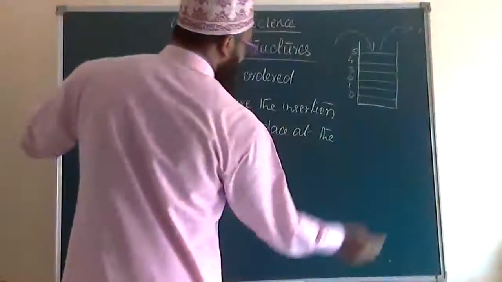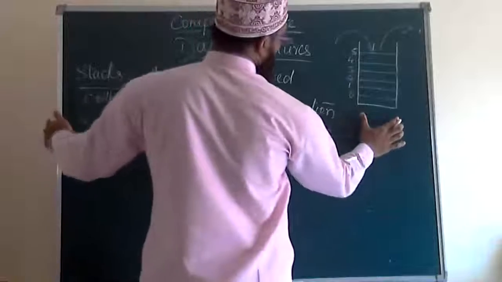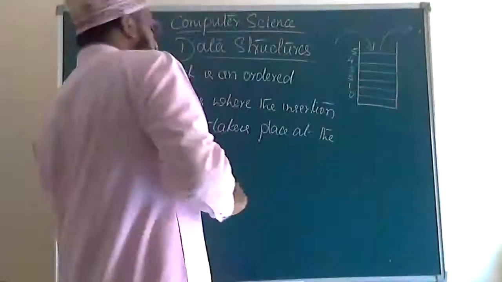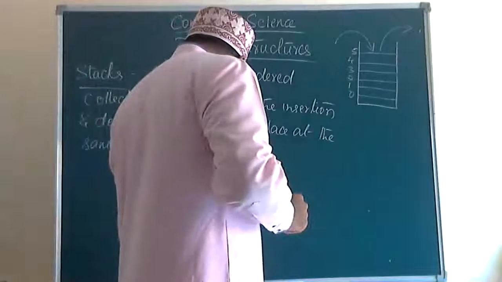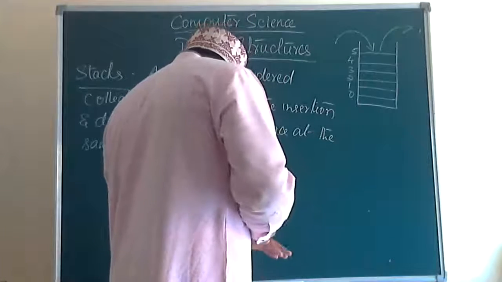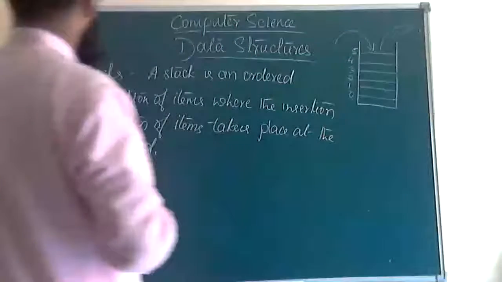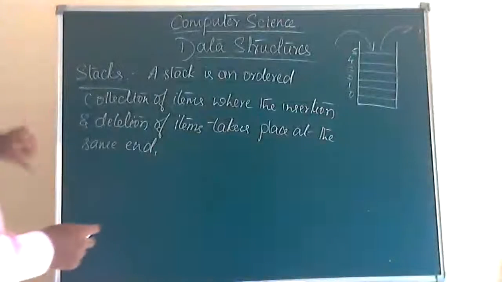Now we shall see. This is having two ends. One end is the closed end, the other end is the open end. What do we call these two ends?